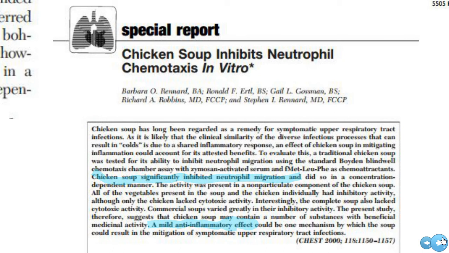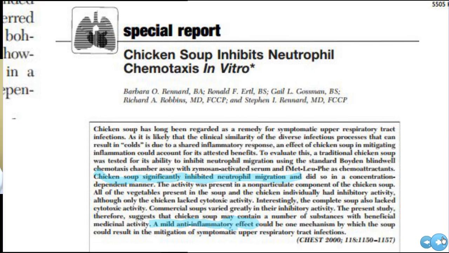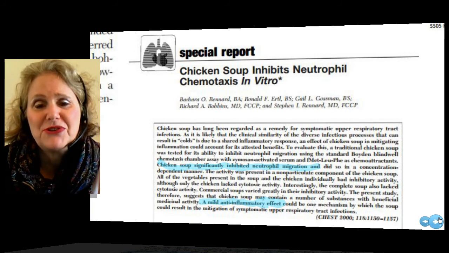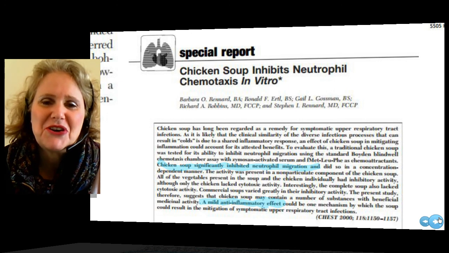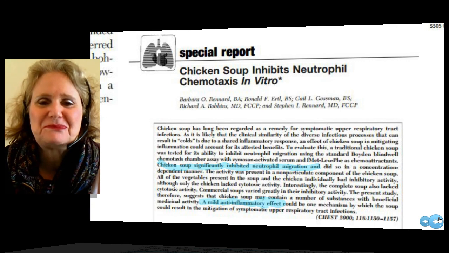And they did find that chicken soup inhibited neutrophil activity and was considered to have a mild anti-inflammatory effect. So that gladdens my heart and puts a little bit of science behind something that I've always suspected was true. You'll be pleased to know that ramen noodles were actually worse than water in their effect upon neutrophils, and Campbell's hearty chicken soup was right behind Grandma's in terms of effectiveness.